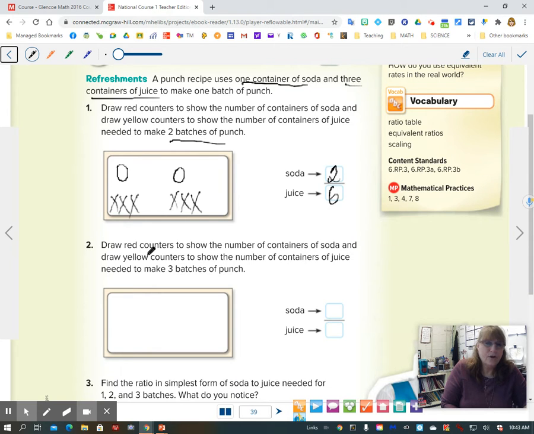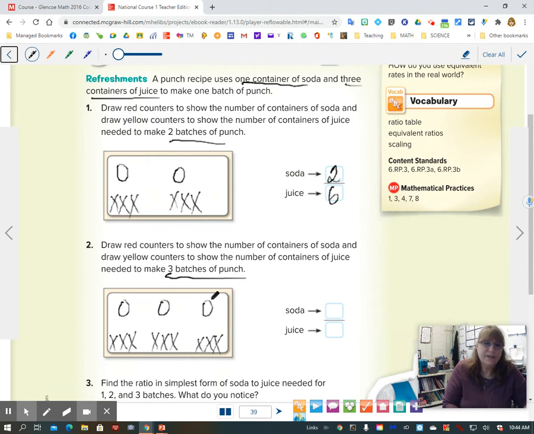Now it says draw red counters to show the number of containers of soda and draw yellow to show the number of juice needed to make 3 batches. So we have 1, that's 1 batch. This is 2 batches. And then the 3rd batch.